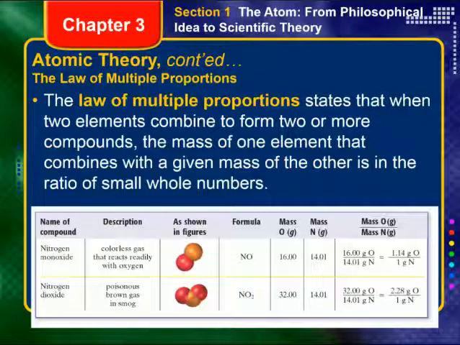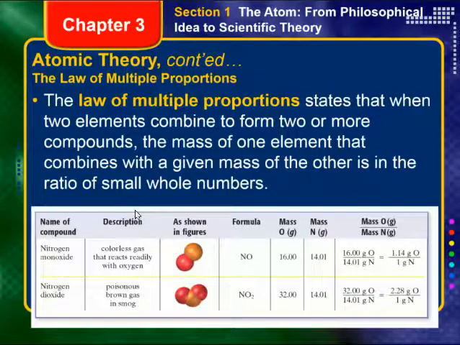When we talk about multiple proportions, you're comparing multiple compounds, two or more. So when two elements combine to form two or more compounds, the mass of one element that combines with a given mass of the other is a ratio of small whole numbers.